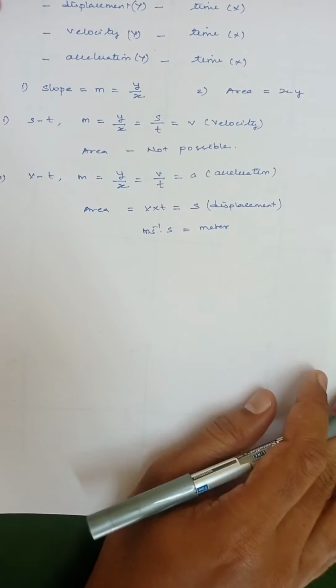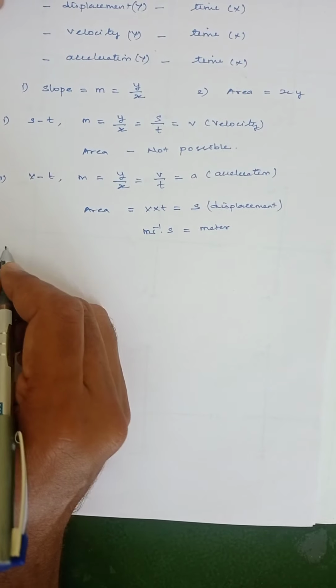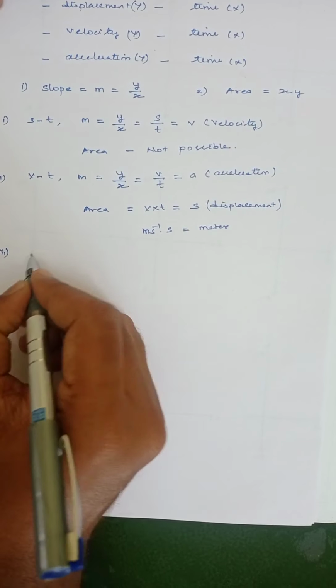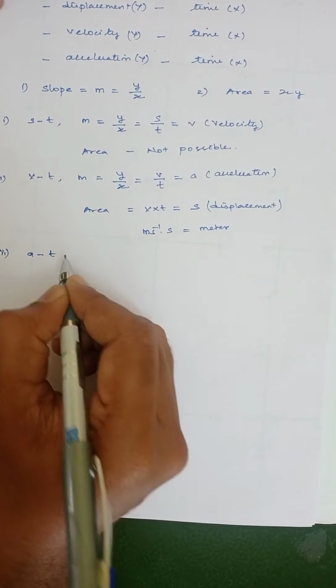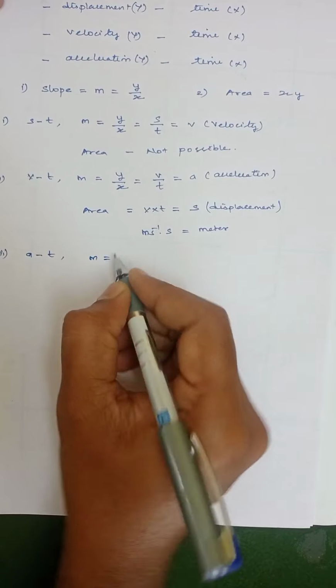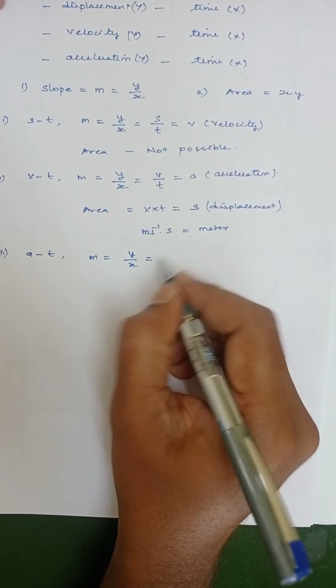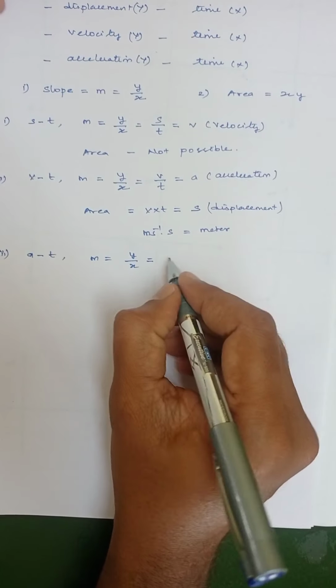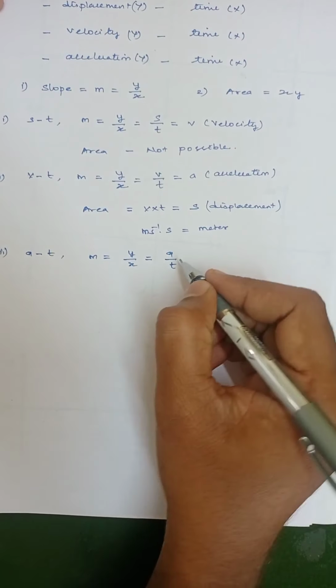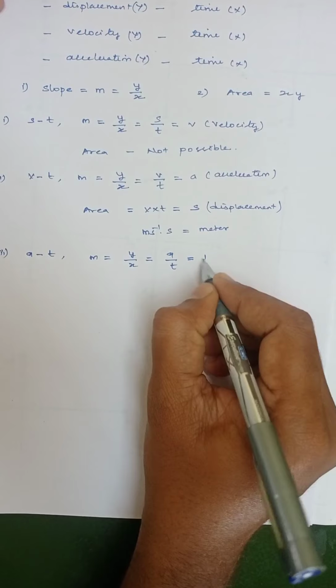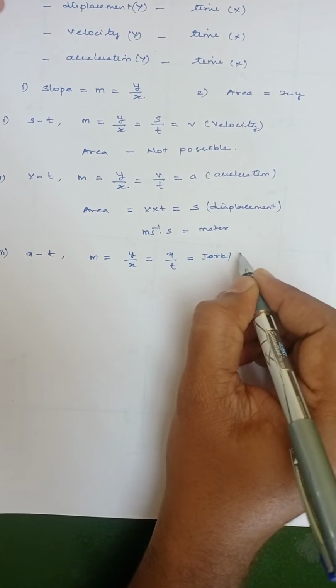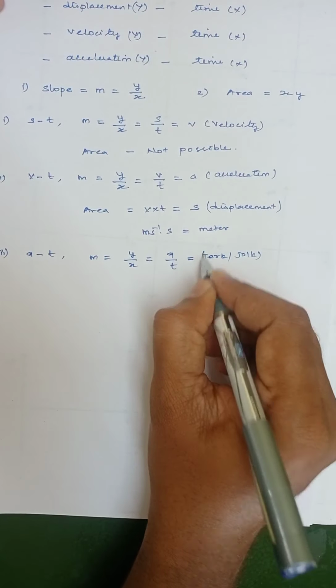And for the third one, the acceleration-time graph, m is equal to y by x, where the y-axis is acceleration, so a by t, which is called jerk or jolt.